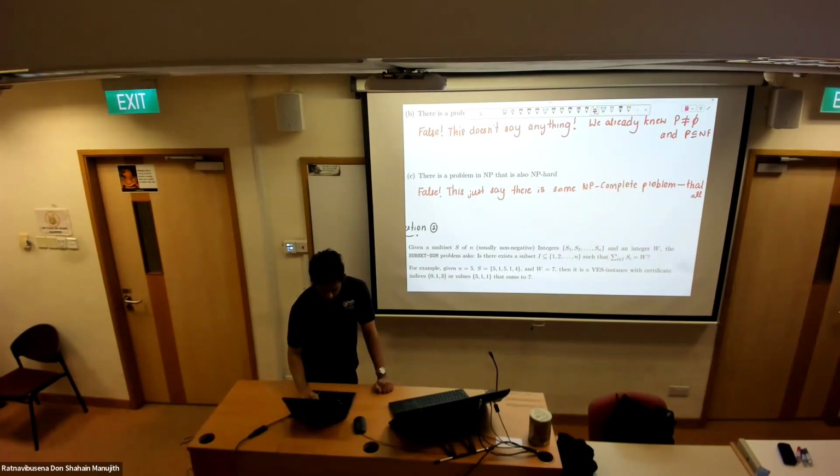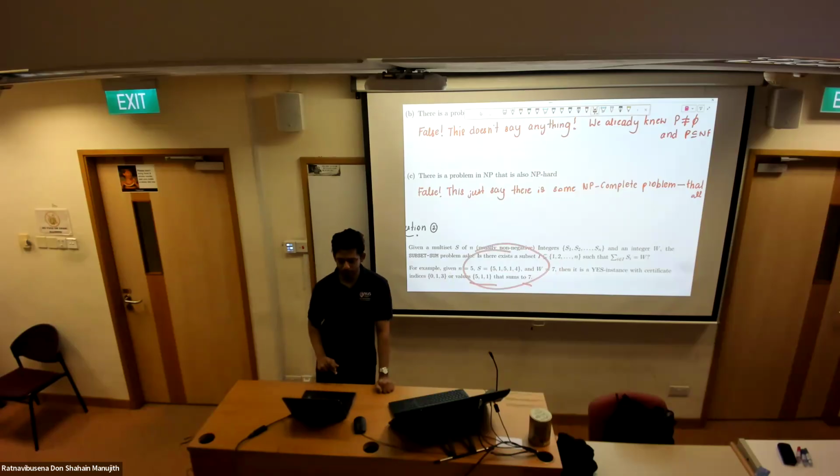For example, given n equals 5 and this S, and a target of 7, it is a yes instance, with a certificate: if you choose the indices 0, 1, 3, identical to choosing the values 5, 1, 1, then they sum to 7. Therefore, this is a yes instance of the problem.